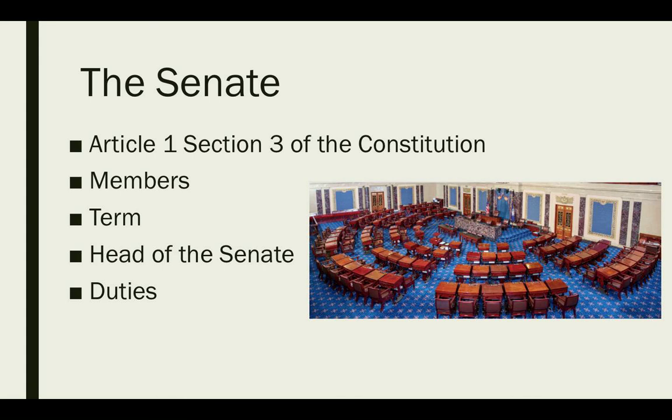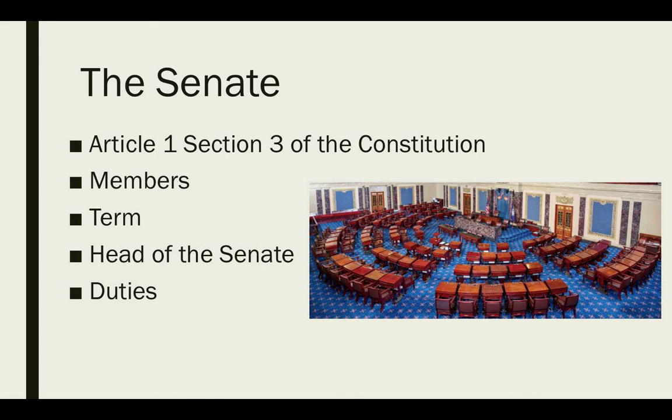Those treaties have to come back to the Senate and be approved because they are the voice of the people. The president cannot make decisions for the entire country by themselves. It has to be a collective choice to be in a foreign relationship with other countries.